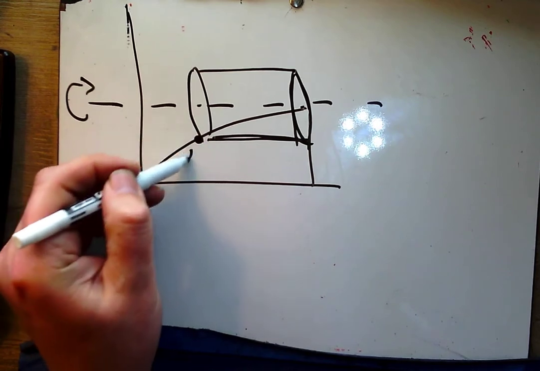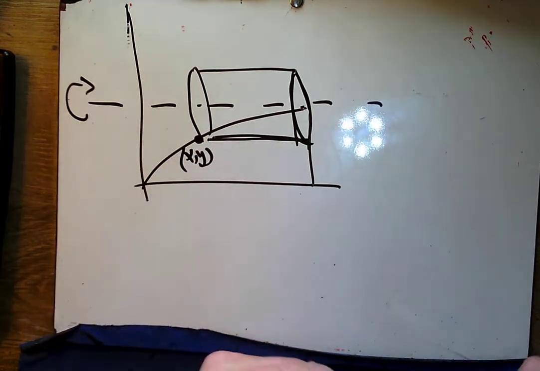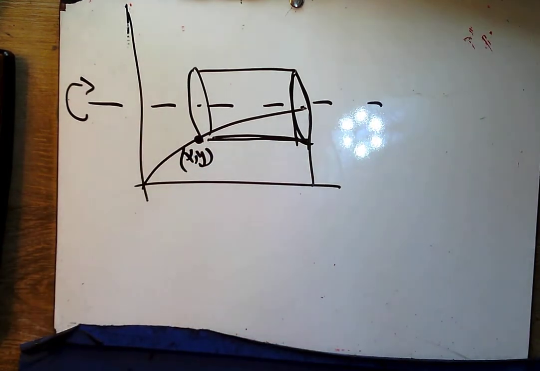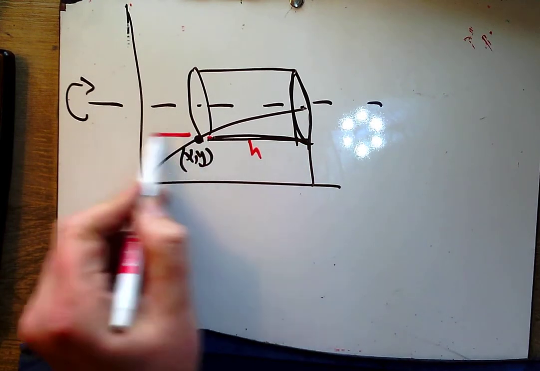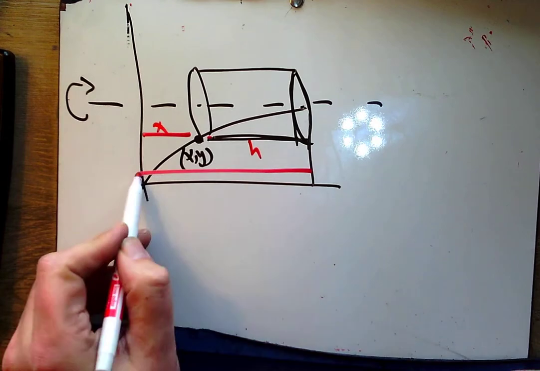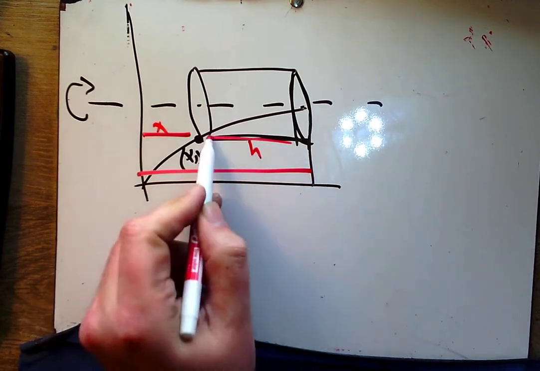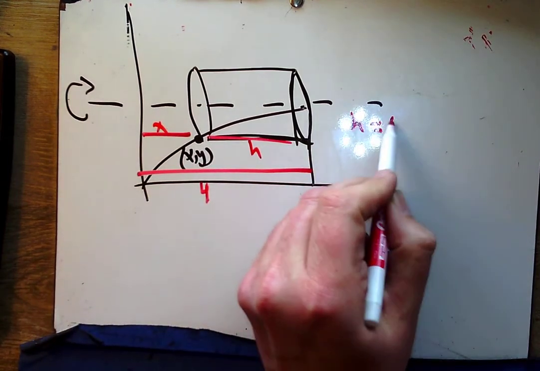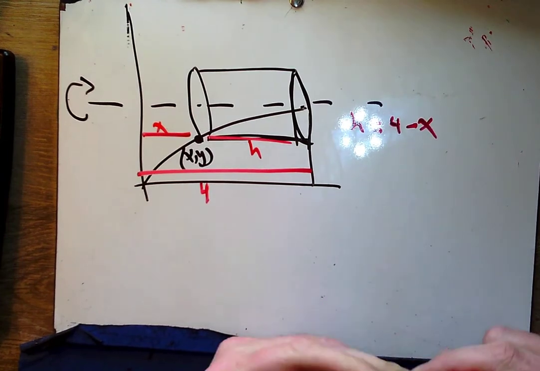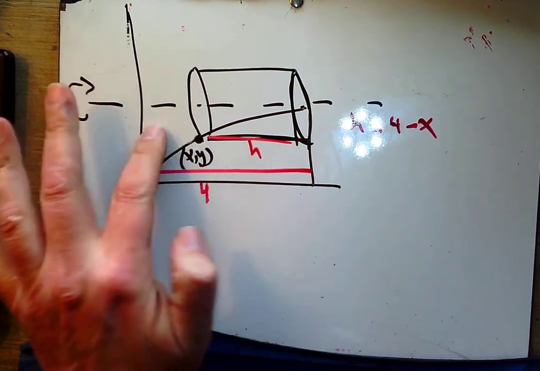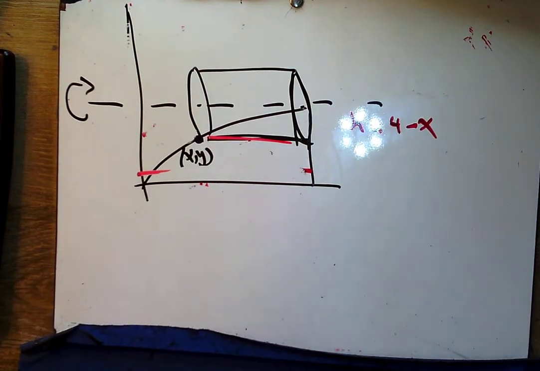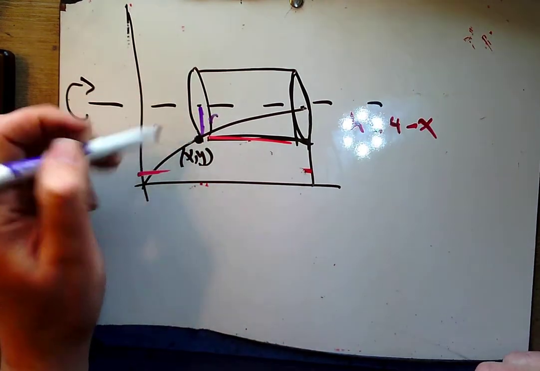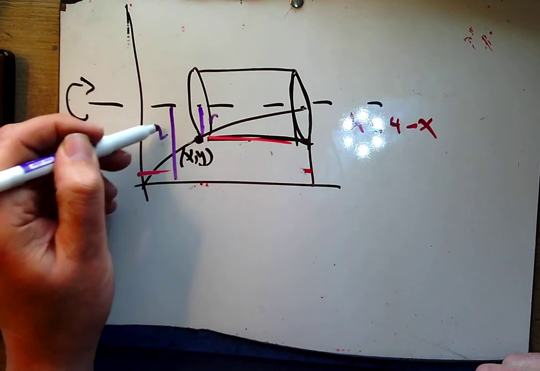Here's my handy xy ordered pair. Height. This is height. This is x. This is 4. So height is going to be 4 minus x. Well, what about radius? Well, radius is here. This is radius. This is 2.